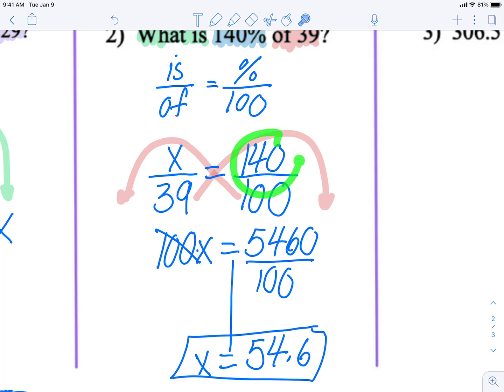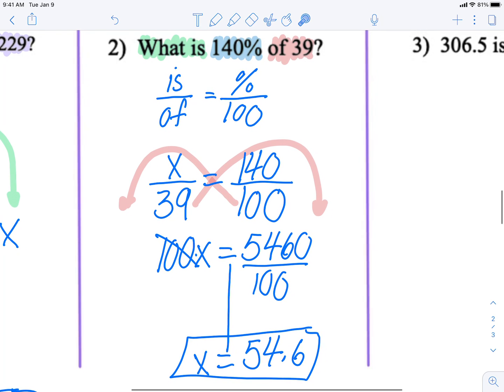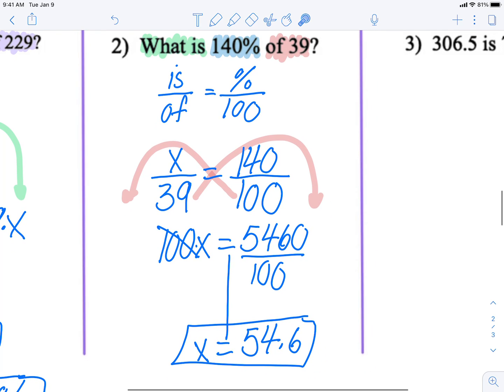It's 140%. So perfect. That's how we know that we're right, because it's more than 100%. It's like saying you ate 140% of the pizza. You ate the whole pizza plus more of the pizza, right? 140%. 40% more than 100.